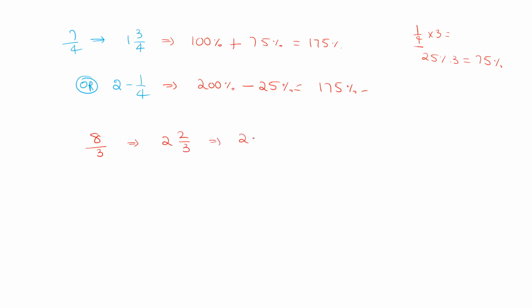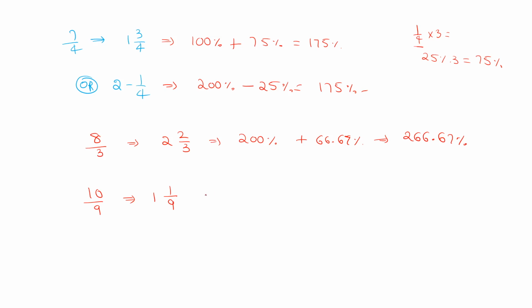For 2 we can take 200%, plus 2 upon 3 is nothing but 66.67%. Now the percentage representation of 8 upon 3 is going to be 266.67%.